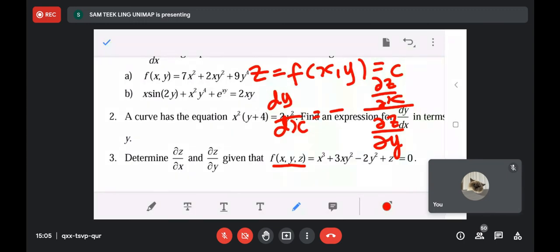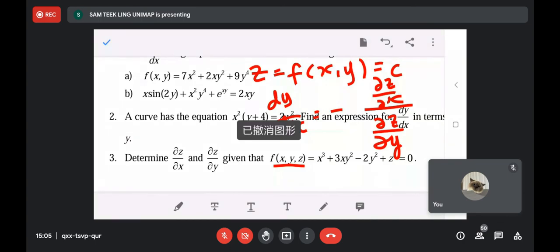Now this one, your f has x, y, z: x power 3 plus 3x y power 2 minus 2y power 2 plus z. You have three variables here. Now you want to find these two, del z del x and del z del y. So how to solve?